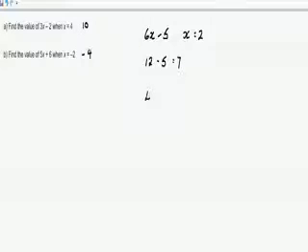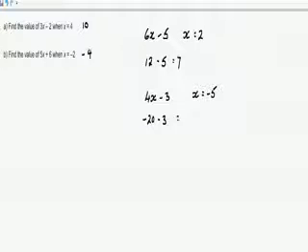If I've got 4x minus 3 and x equals minus 5, 4x is 4 lots of minus 5, which is minus 20, and of course we've got the minus 3. If I'm £20 overdrawn and I draw out another 3, I'm now £23 overdrawn.